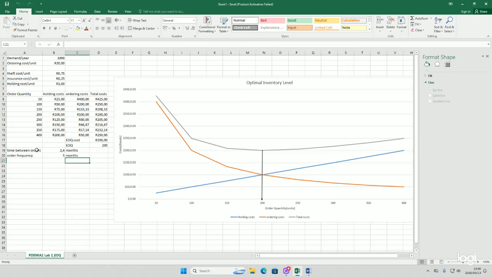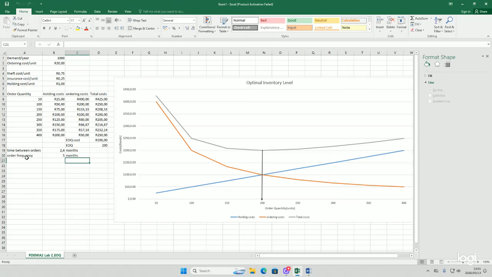You understand? And if you have a low frequency, then we'll have infrequent intervals, time between orders. Yeah, that's that.